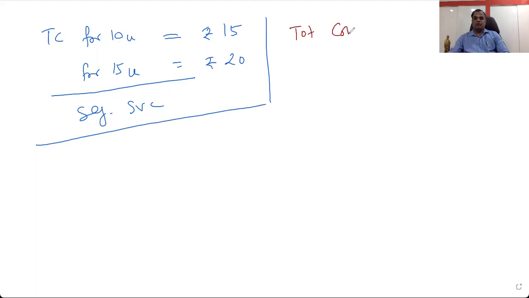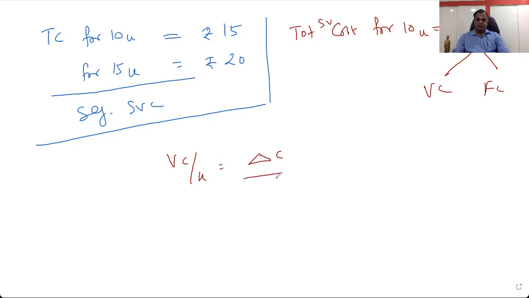Total cost, semi-variable cost, for 10 units is rupees 15. That 15 rupees consists of what? Partly variable and partly fixed cost. For that purpose, the variable cost per unit formula ought to be applied: change in cost divided by change in number of units.